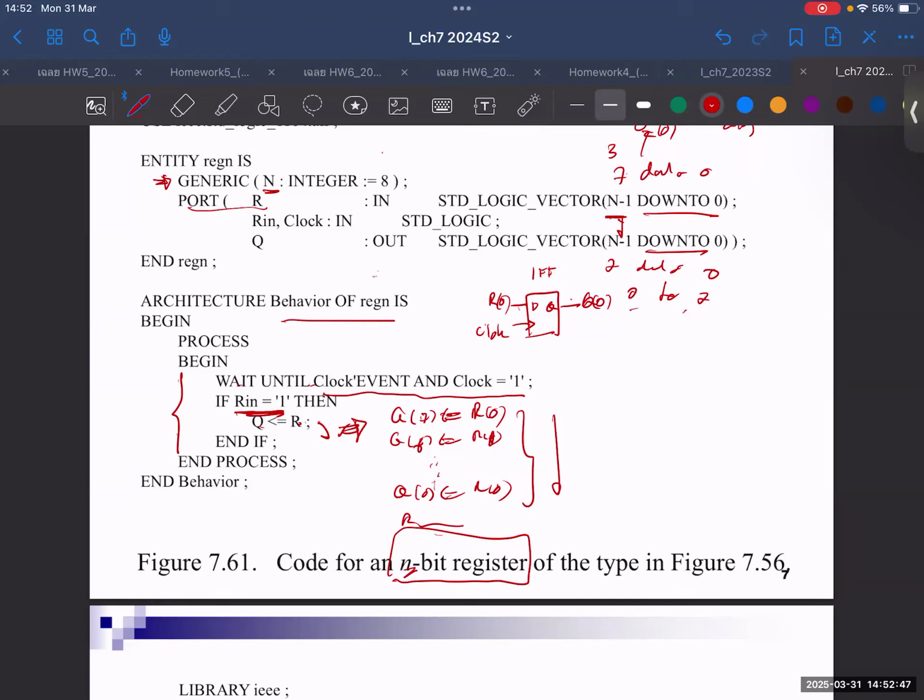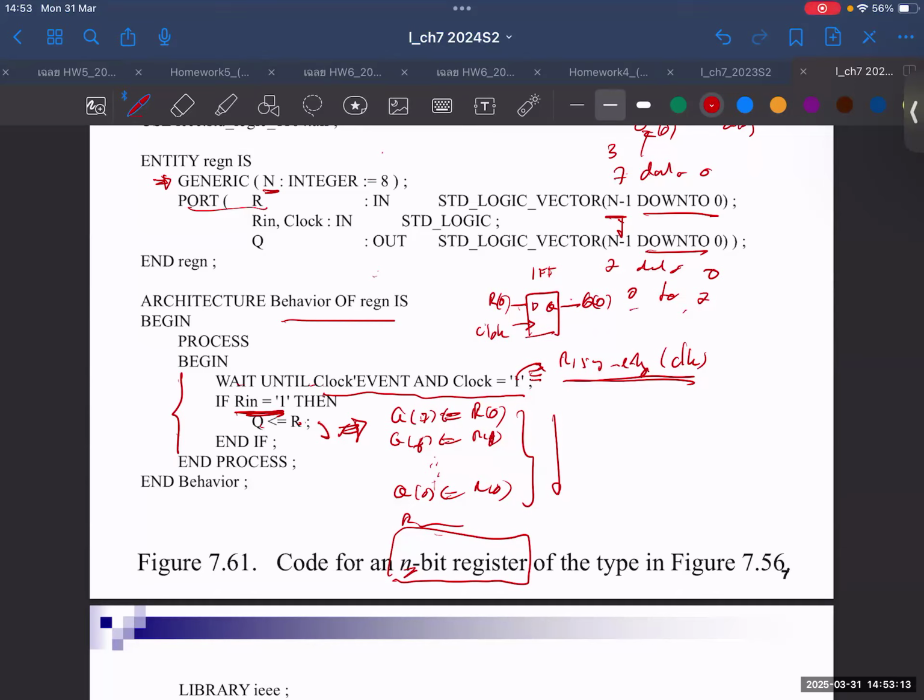What is clock event and clock 1? This is rising edge. Same as rising_edge(clock), which is another, what we call the function in VHDL. This is the built-in function. We call it rising_edge(clock). Equivalent, the same as this one. Why? Because they don't want to write that too long anyway.